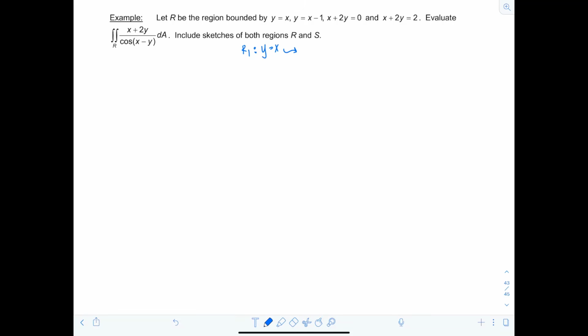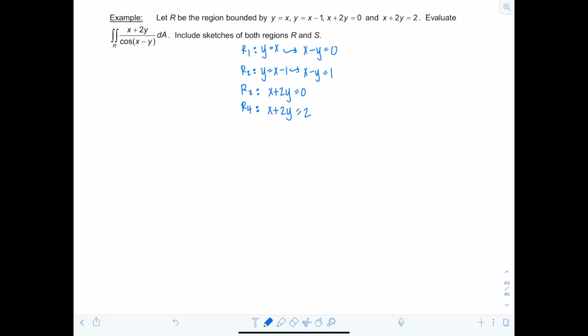I'm going to rewrite it in standard form, x minus y equals 0. R2 is given by y equals x minus 1. I'll rewrite that as x minus y equals positive 1. R3 and R4 are already in standard form, so R3 is x plus 2y equals 0, and then R4 is x plus 2y equals 2.